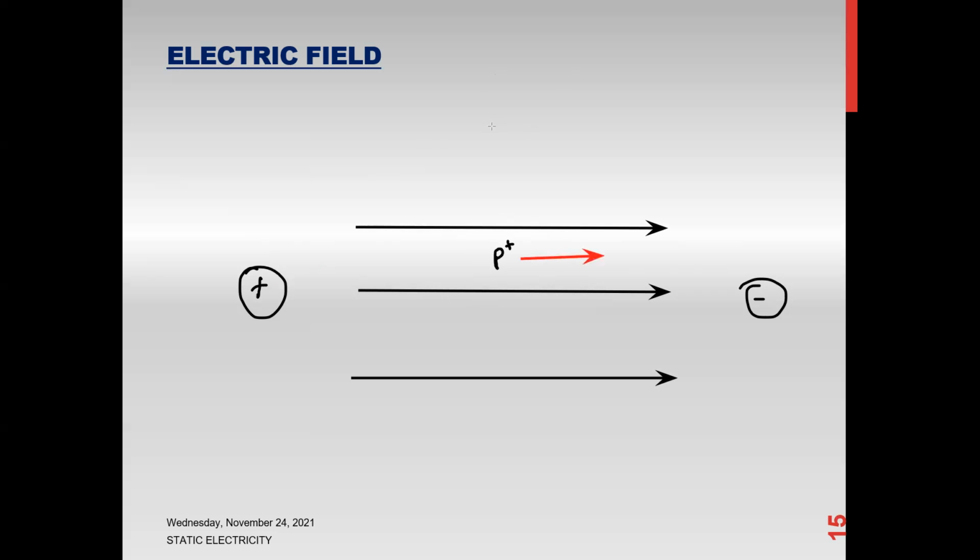But if I place an electron in this field, electron is negative. So it means the electron is attracted towards the positive charge.